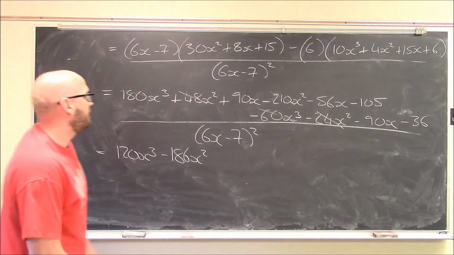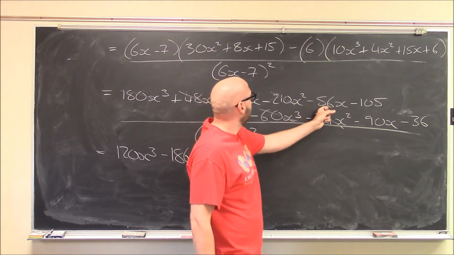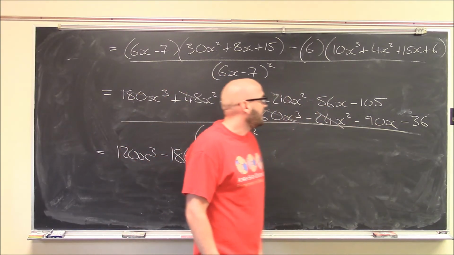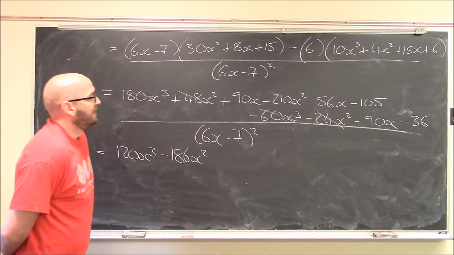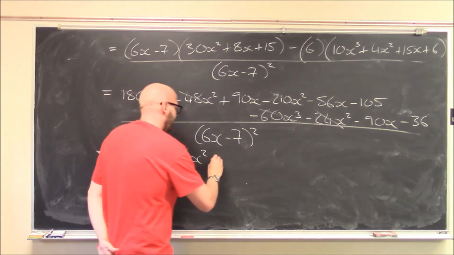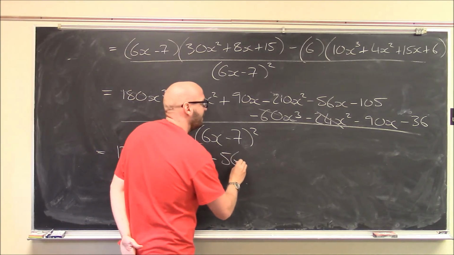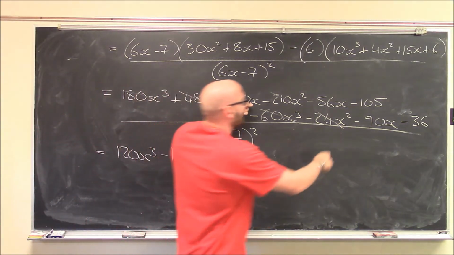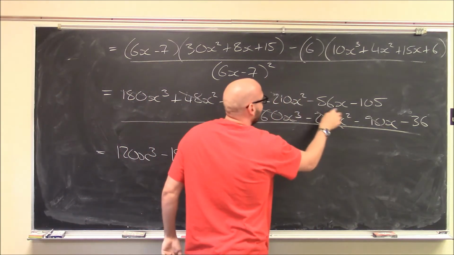How many x's do we have? We've got 90 minus 56, so that leaves us with 34. Minus 90 is minus 56, I think. Minus 56. That would have been a lot easier if I'd gone in different order there. 90 minus 90, those guys go away, and then we've got minus 56.